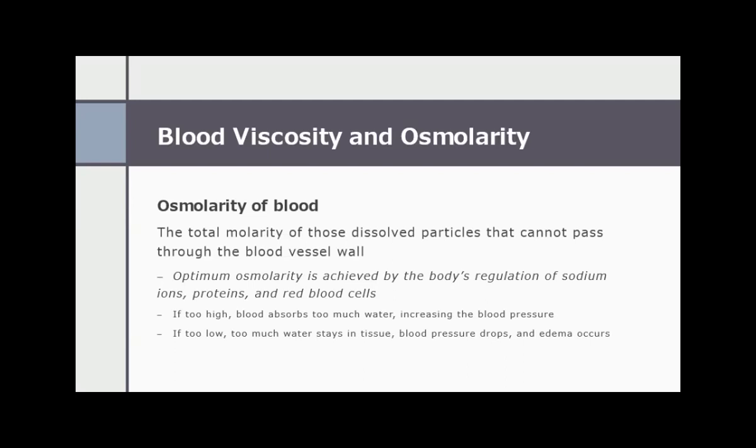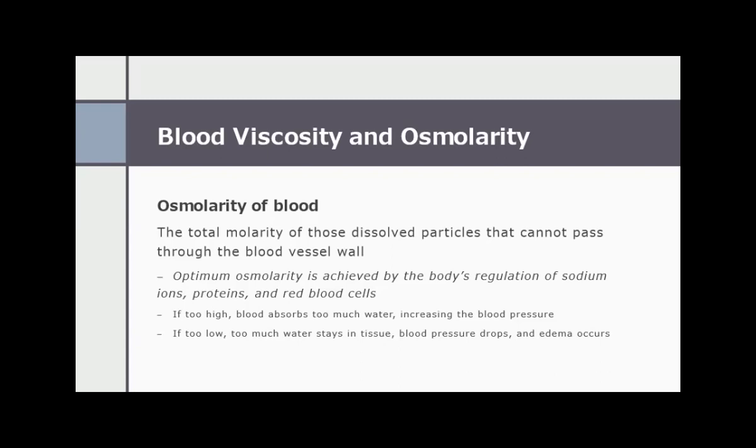The other part of viscosity is all of those dissolved particles within the blood. All right. The more particles you have, the higher the osmolarity. So this is where we get into that osmolarity. Viscosity is how it flows. Osmolarity is how concentrated it is. All right.